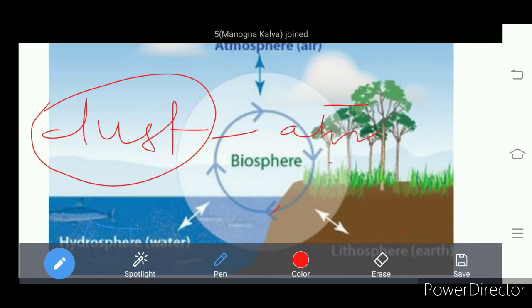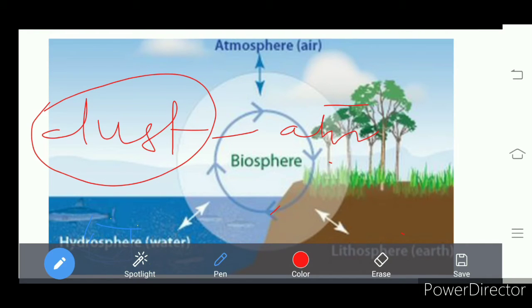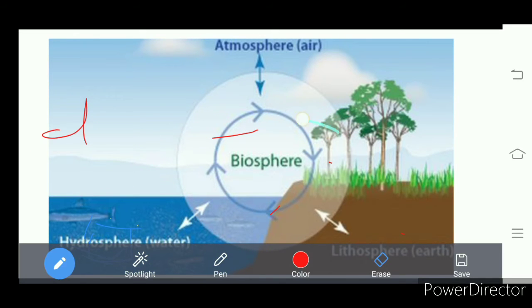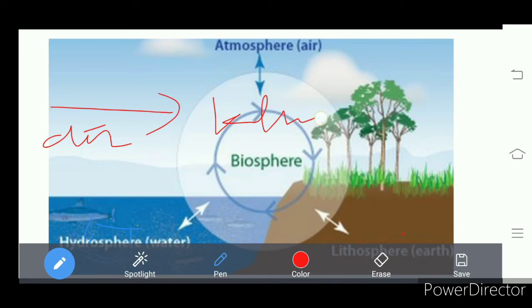Many of the features of the lithosphere are shaped by the wind and water. Wind, that means blowing air. Horizontally, when air blows, that is called wind, right?